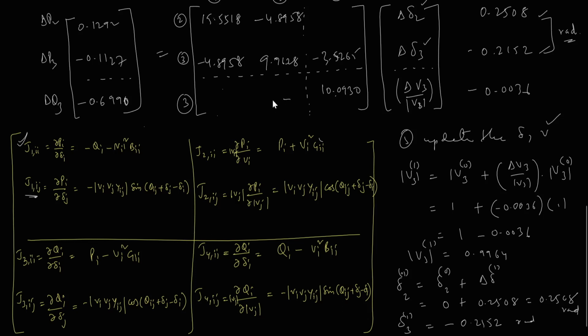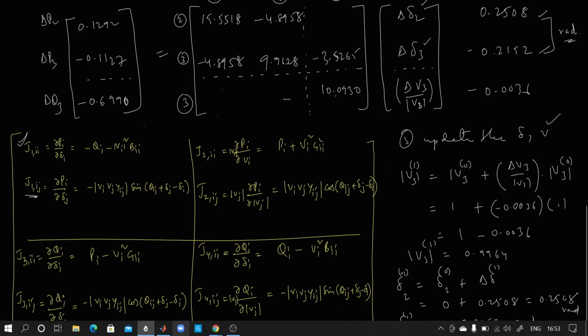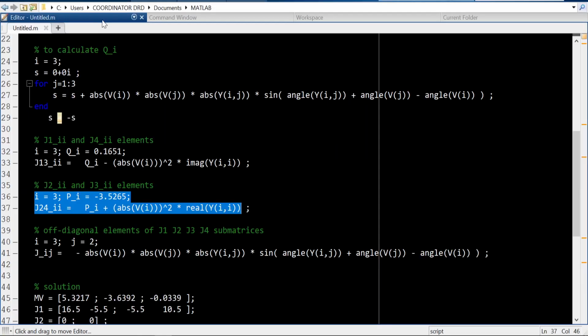So what about this value now? That is J333. This is plus but this is minus, and 3 same value. So only thing is minus V square. So I have to use this minus here. So P3, same P3, this is I3.